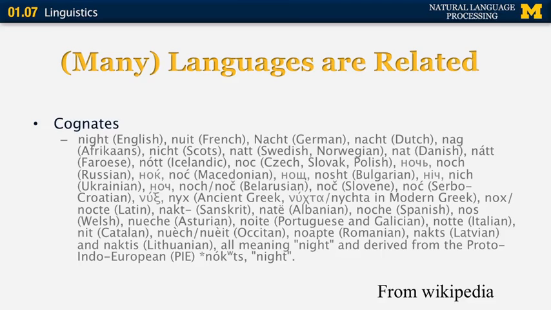They all have the form that starts with the letter N, followed by some vowel, and then some specific consonant or pair of consonants that are somewhat related to each other. So all of the words in this category are known as cognates. Cognate is a term in linguistics that means that words have a common ancestry.